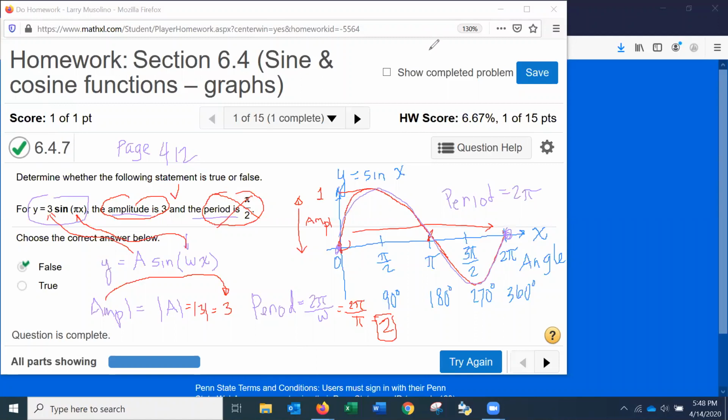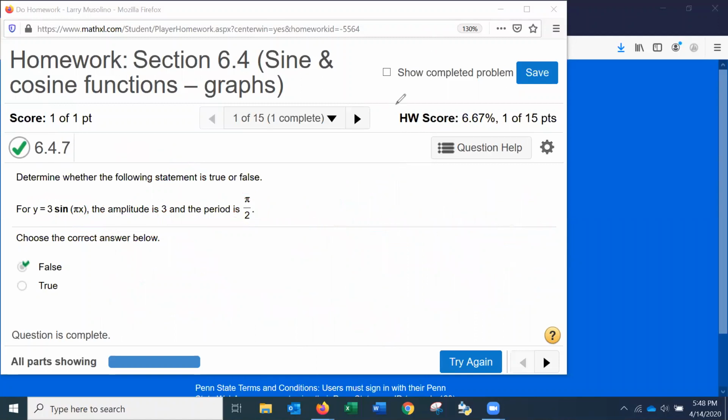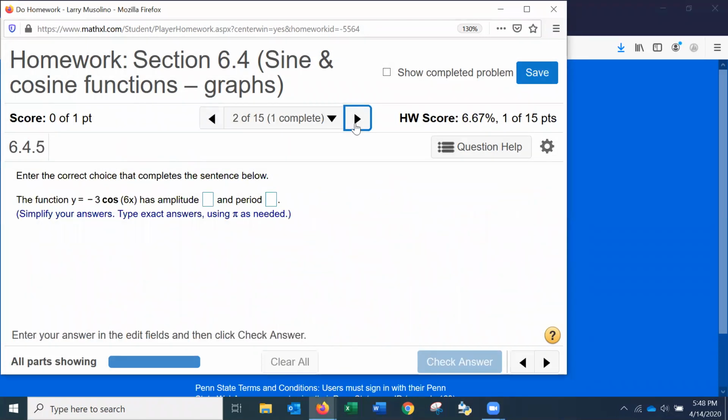And by the way, if you go to page 412, you'll notice that it's the same format for either sine or cosine in terms of evaluating the amplitude and the period. All right, so let's do this example that involves cosine. So they're giving us here that y equals negative 3 cosine 6x.